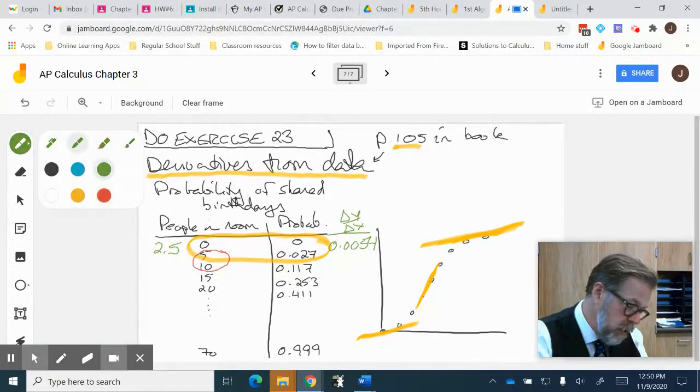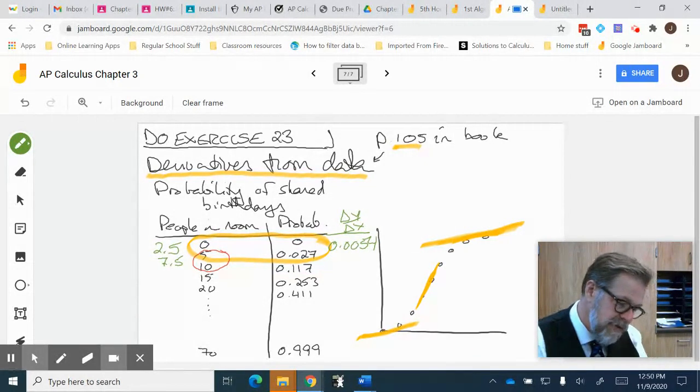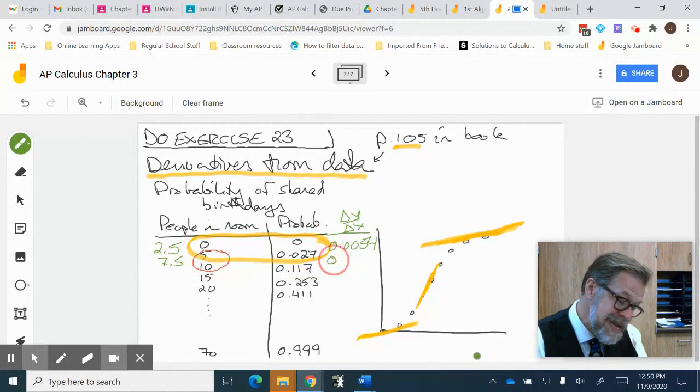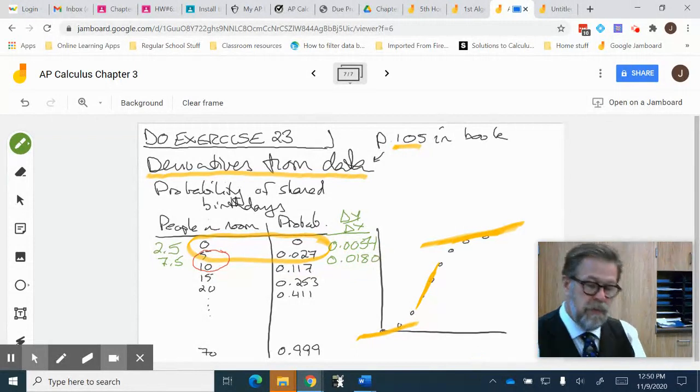So now let's do the next set of points. I'm going to average the two at 7.5. We'll take 0.117 minus 0.027 divided by 10 minus 5. Notice we're dividing by 5 every time. And on average, the average rate of change between 5 people and 10 people in a room is 0.0180.